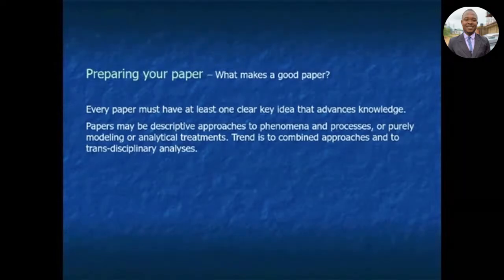I mean, they want you to improve the body of knowledge as regards COVID-19. So it would include, okay, I want to explain the situation, or I want to explain the death case, whatever it is. There should be an additional thing. There's something that you are bringing. There's a key idea that you are bringing to advance the knowledge in COVID-19 study. So that's what I mean by having a very clear idea. It's very important if you must publish in international journals.